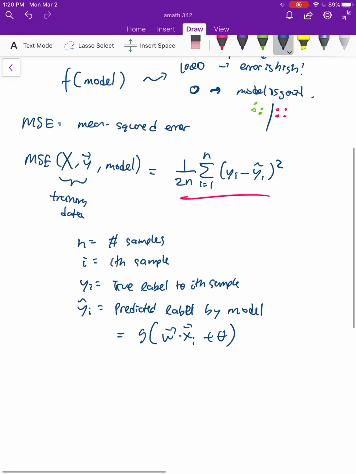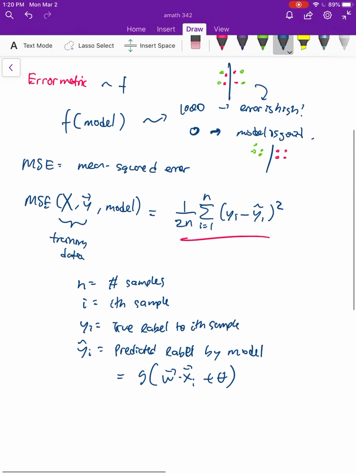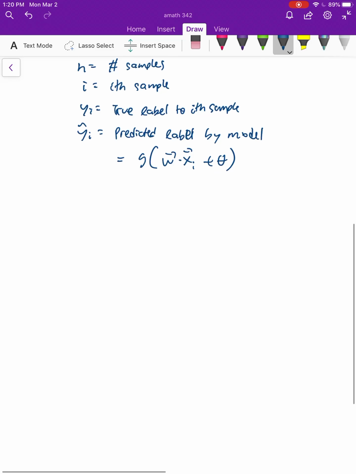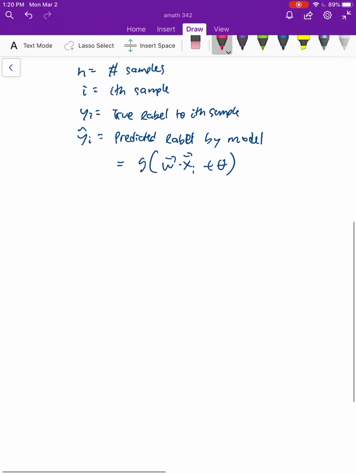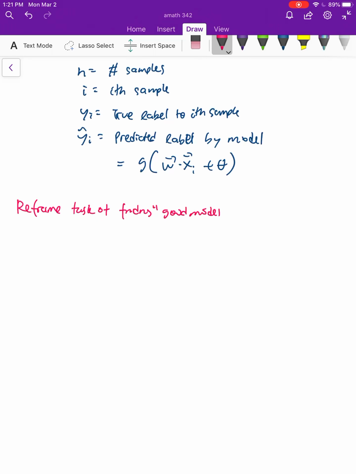Alright, so we have defined our error metric. Now we are going to reframe training, the task of finding a good model, as an optimization problem.